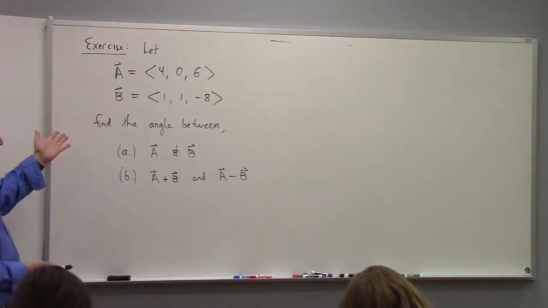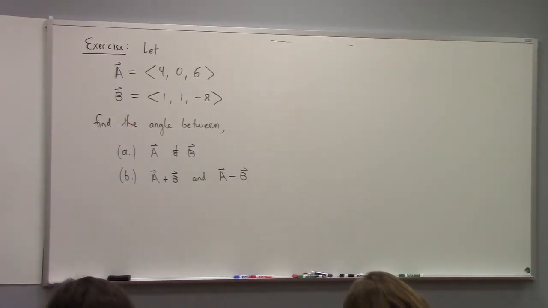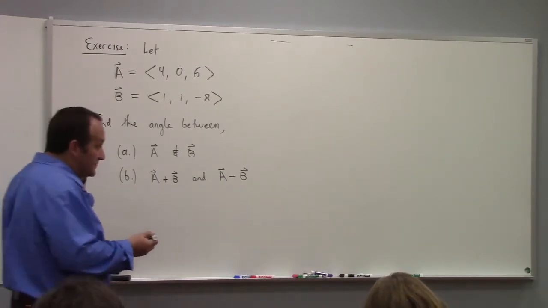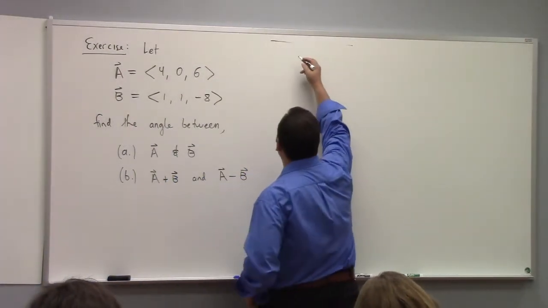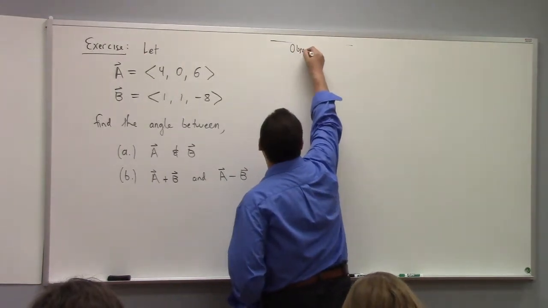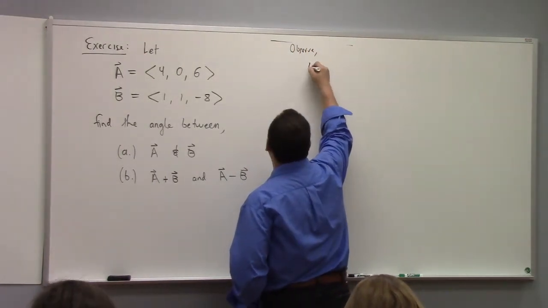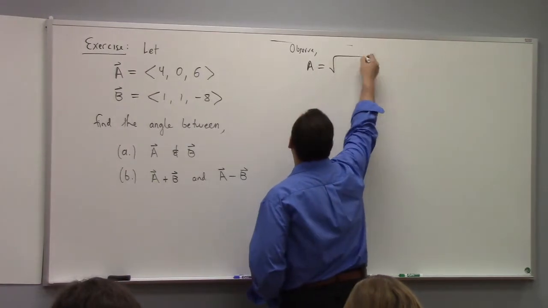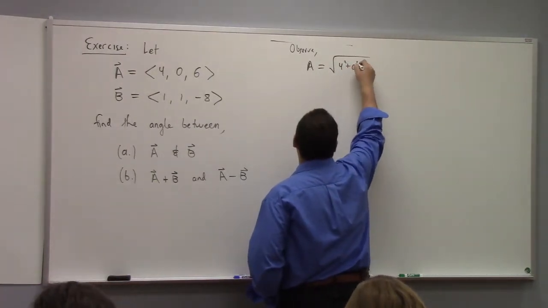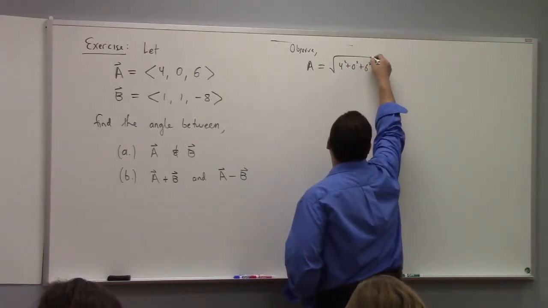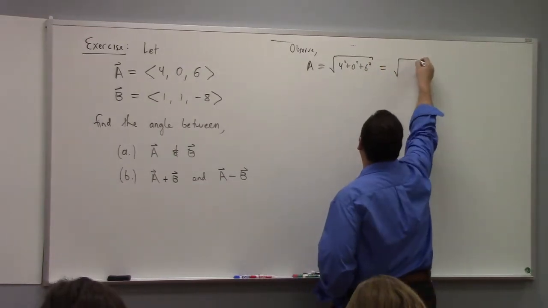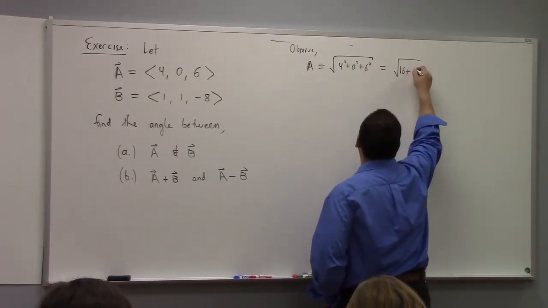So this is a pretty standard find the angle between two vectors question. To do this, we should notice that the length of A is the square root of 4 squared plus 0 squared plus 6 squared, which is the square root of 16 plus 36.